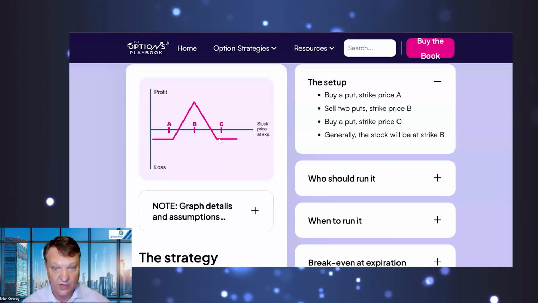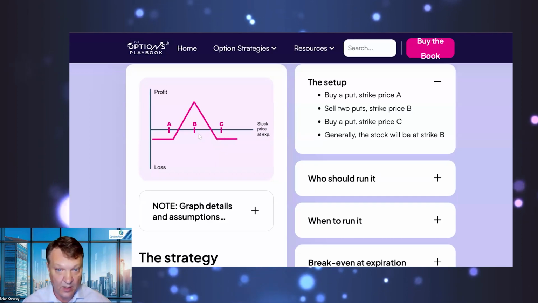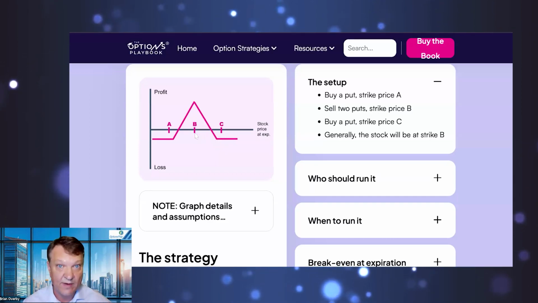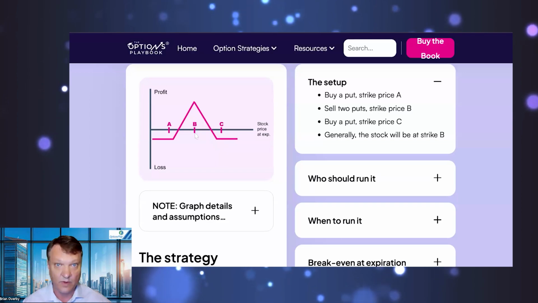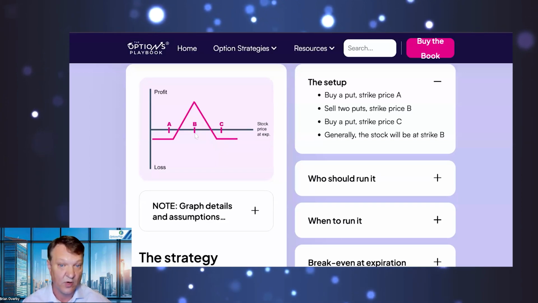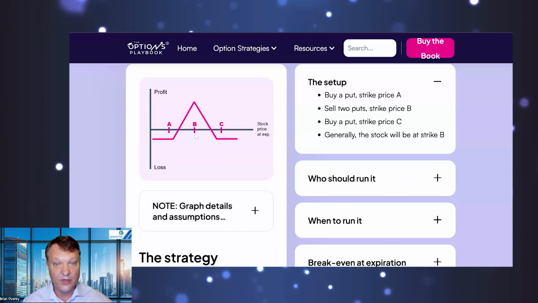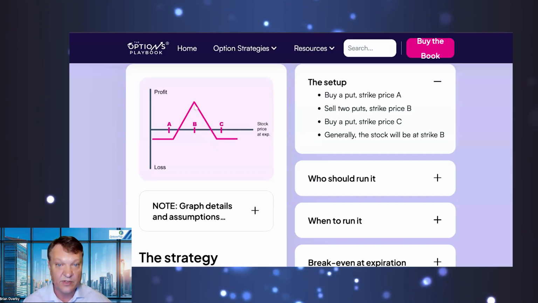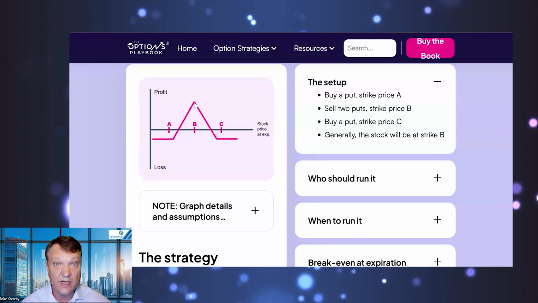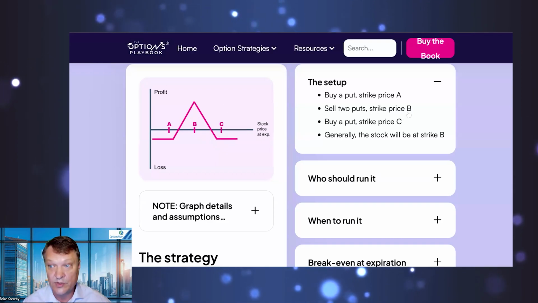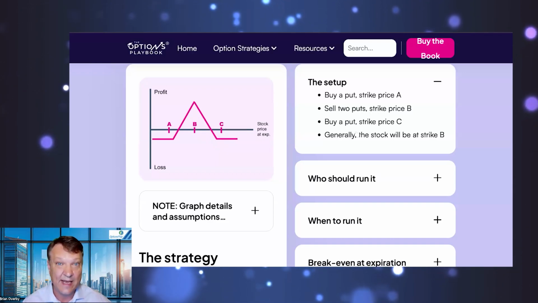But if you put this trade on and the market comes down to strike B, and say you have a lot of time value, or there's a lot of time left in your option contracts, you've gone out, let's say 30 days, and you're right on your forecast right away, it comes to strike B, you're short 2 options right at strike B. You're short these 2 puts at strike B. And guess what has to happen?